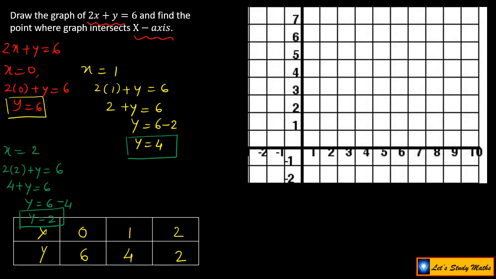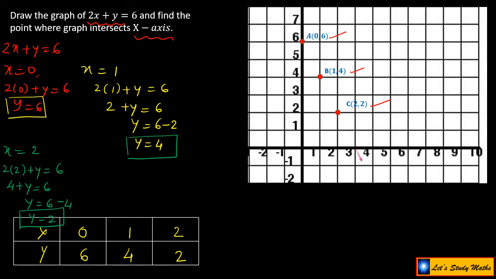We'll take a graph now and plot the points A (0, 6), B (1, 4) and C (2, 2). Here the scale is 1 centimeter equal to 1 unit on both the axes.